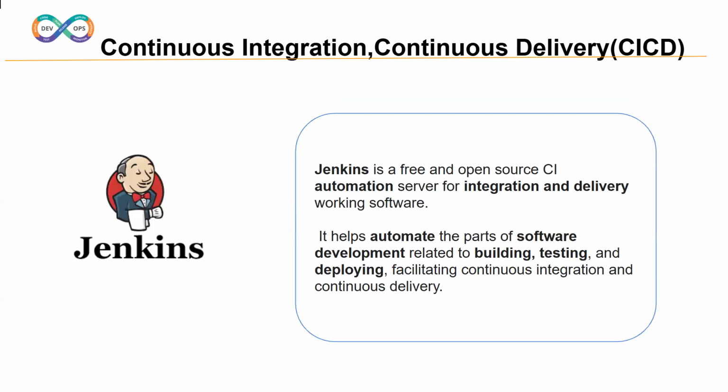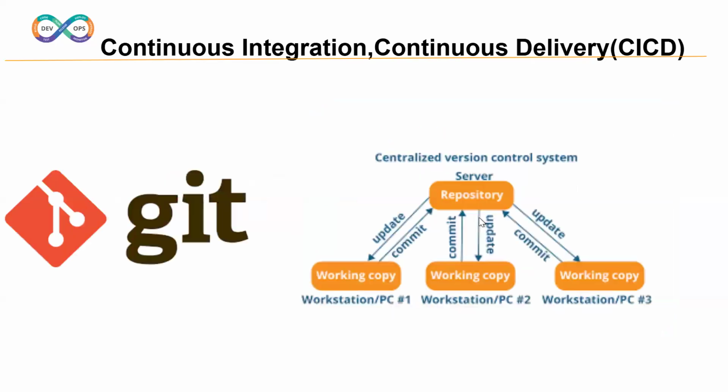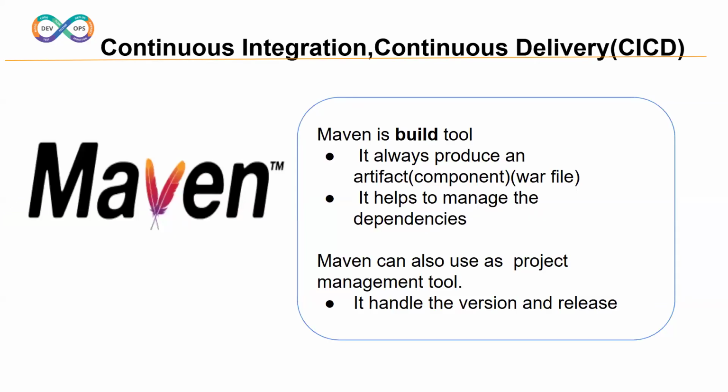And we're going to learn Jenkins. Jenkins is a continuous integration, continuous delivery tool. Simply, we call it a CI automation tool. With the help of Jenkins, we can implement a continuous integration, continuous delivery process. For example, we maintain the lines of code in Git and do execution as a manual process.